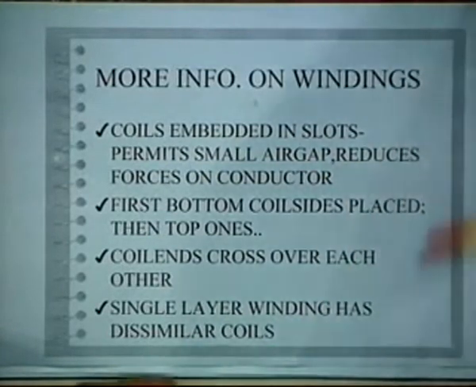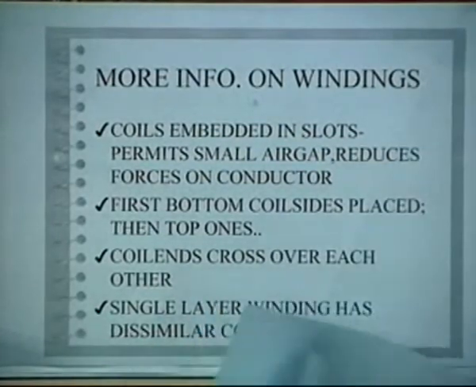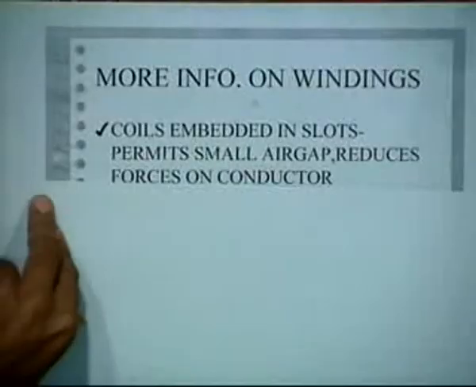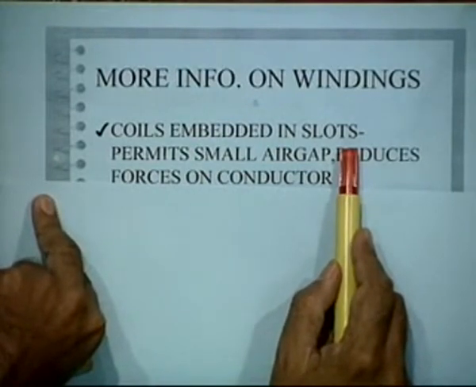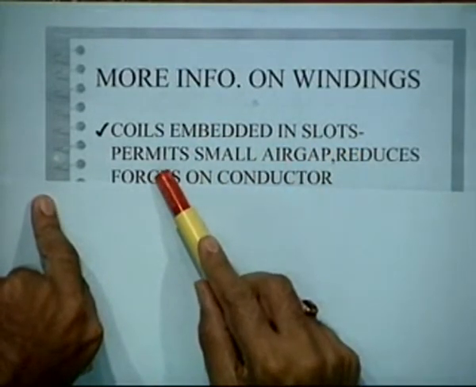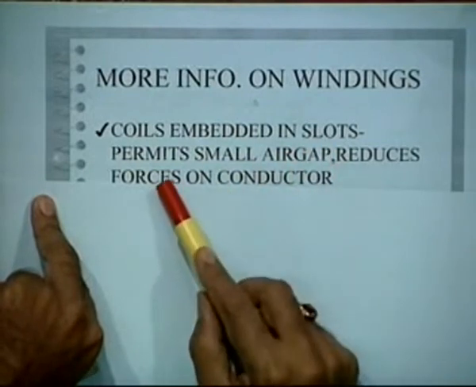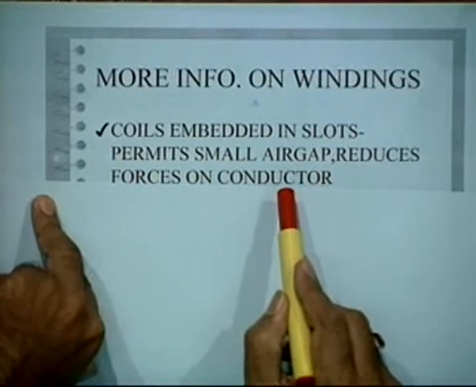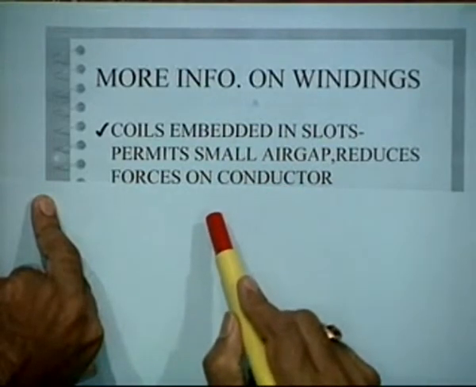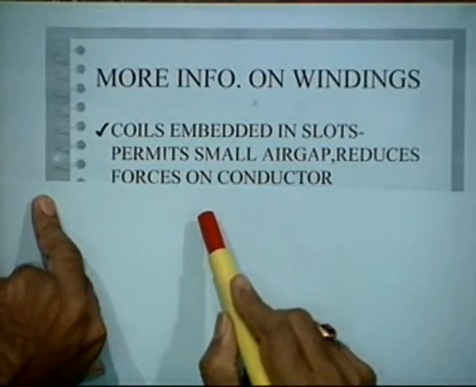First aspect is that you are aware that coils are embedded in slots, and because of that it permits a small air gap. Why do we put the coils in the slots?